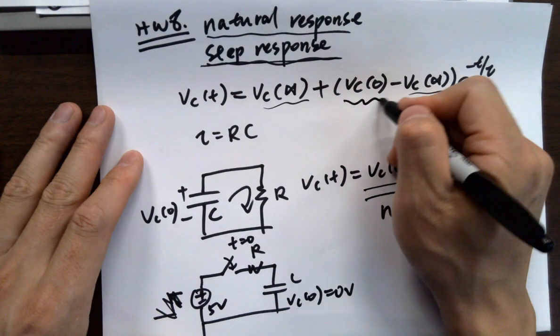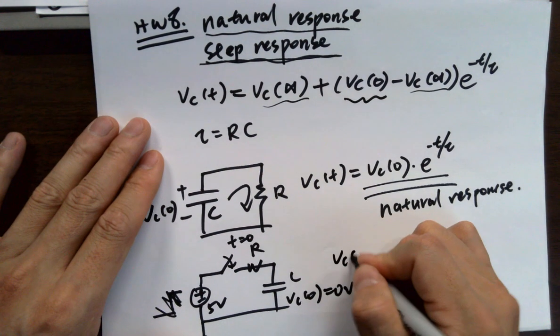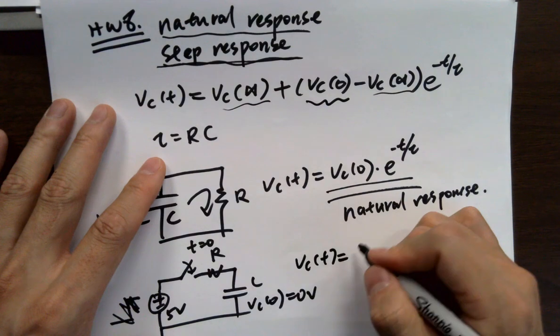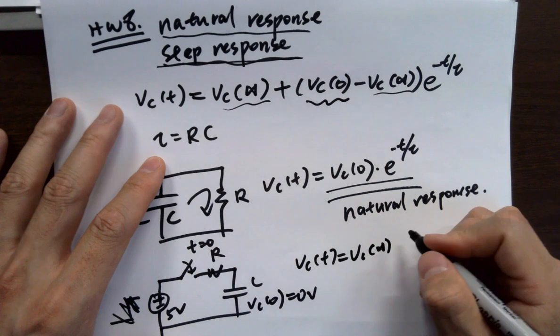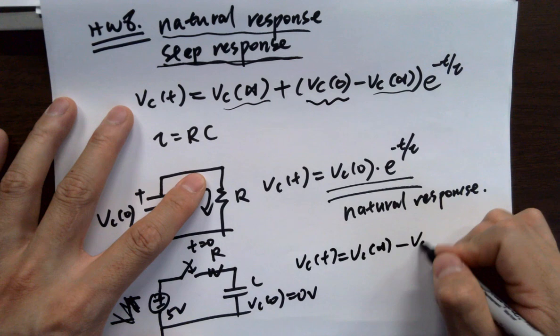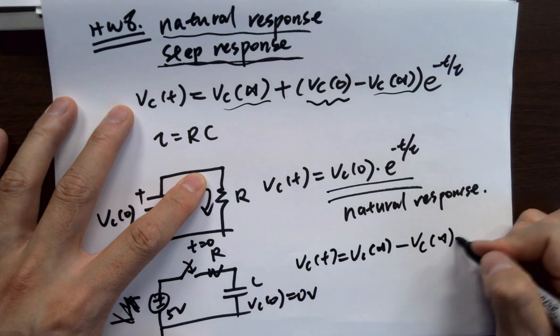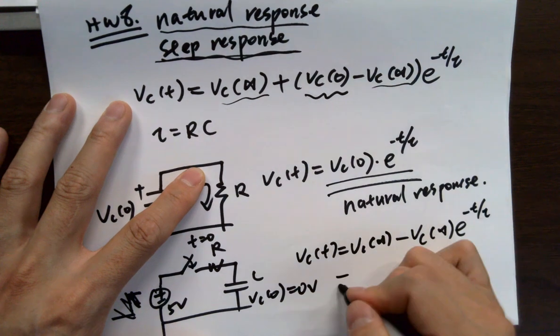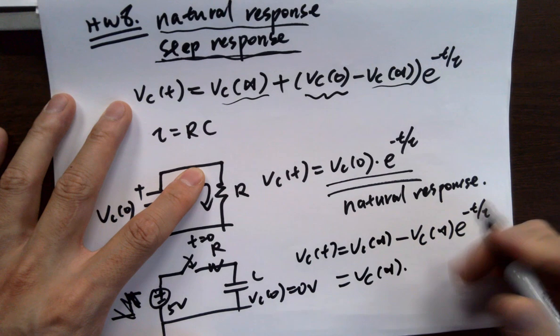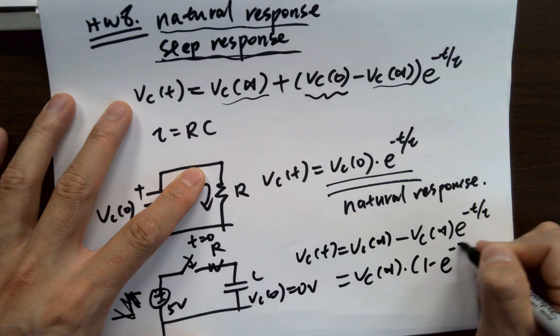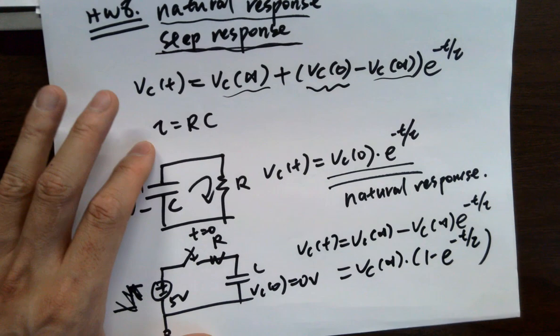However, the initial voltage becomes 0, right? So VC(t) equals VC(infinity) minus VC(infinity) e to the minus t over tau, which is VC(infinity) times 1 minus e to the minus t over tau, right?